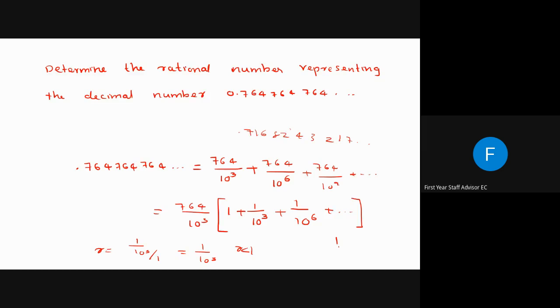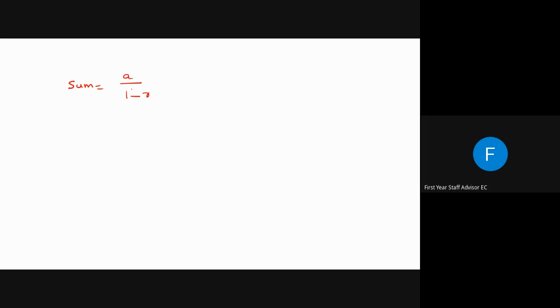Sum is equal to a by 1 minus r. This is an infinite series, so we use a by 1 minus r.